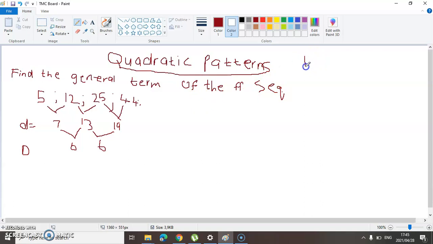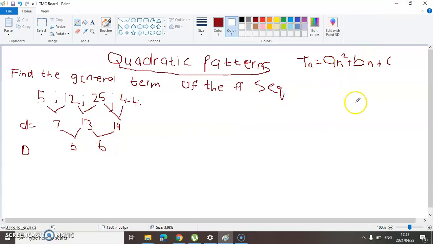This general form is Tn, and this Tn is equal to An squared plus Bn plus C. Now, this is a formula.